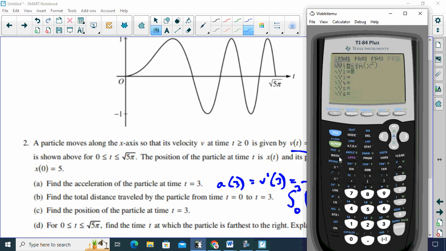So in y2, we are graphing the absolute value of y1, making sure that y2 is the equation we are graphing, and we are integrating from 0 to 3.